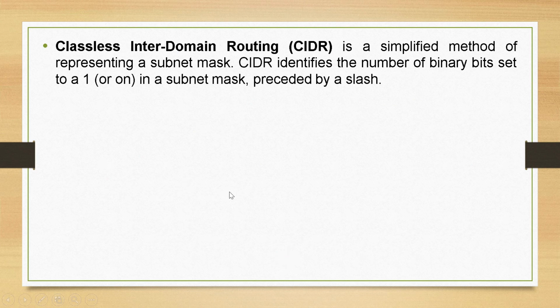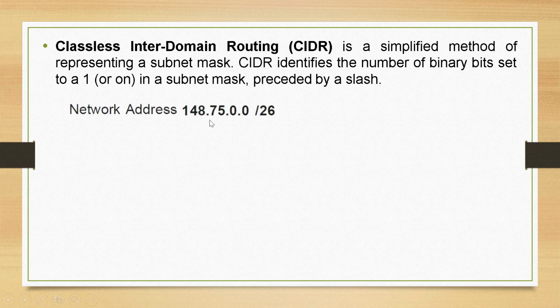We have another term, classless interdomain routing, or CIDR, which is just a simplified method of representing a subnet mask. Instead of writing 255.255.0.0, CIDR can identify the number of binary bits set to 1 in a subnet mask, preceded by a slash.